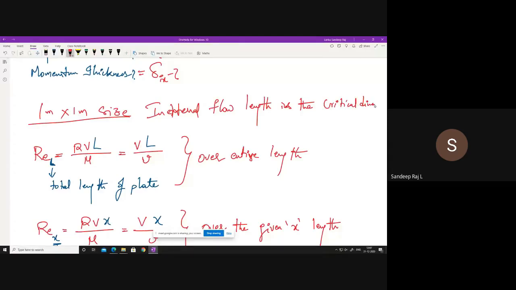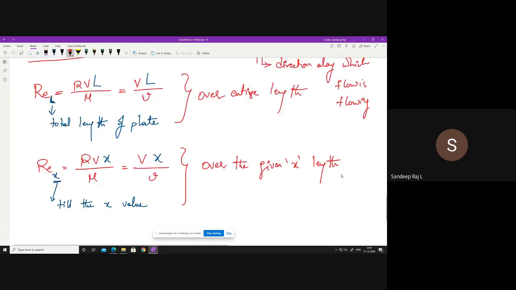See, don't confuse the word length here. When I mean length here, it is the direction along which the flow is flowing.